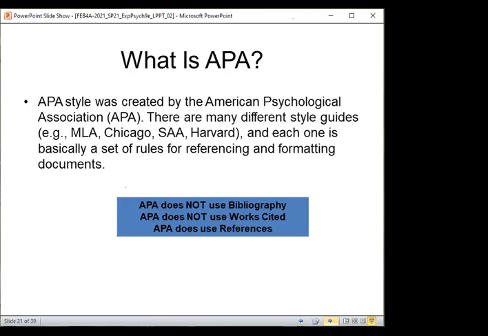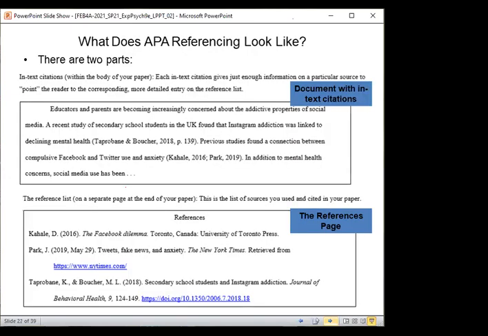So references is usually what we look at on that last page, not works cited and not bibliography. If you're taking other classes now, they may be following different types of format where bibliography or works cited or something else may be well and good. But normally for APA, we will not see those. We'll see references.